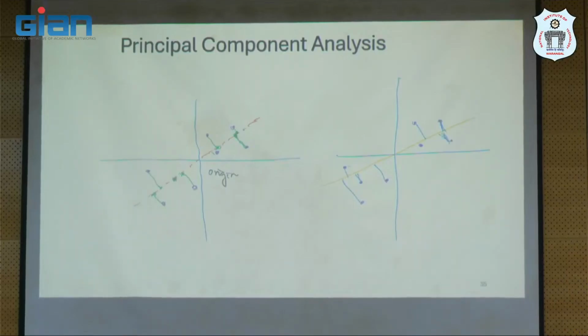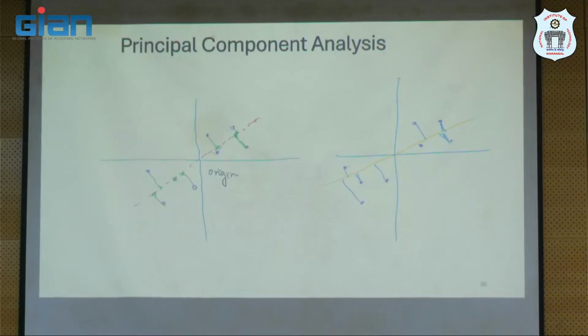Okay. I will discard the purple points. Once I have my projections, I will use the projections for carrying out all my analysis. Okay. So what I am trying to say is, in principal component analysis, we inherently believe that there is a principal component which is representing all the data points. For a feature vector of 2 dimensions, see, this is a 2-dimensional feature vector. That is why I have a 2-dimensional plot, right?